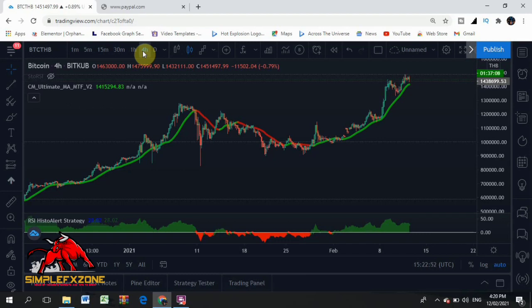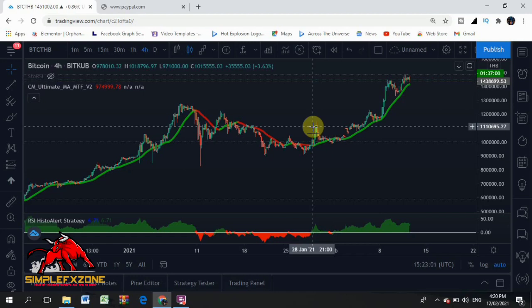As you can see, right from this place, Bitcoin is going up and up and up. So one of the things you have to consider is that you have to trade with the trend. As we always say, the trend is your friend. You have to trade with the trend in order to achieve more gains, because you don't trade against the trend.